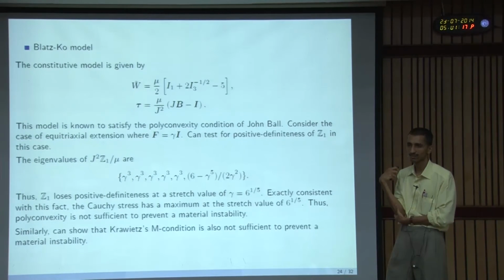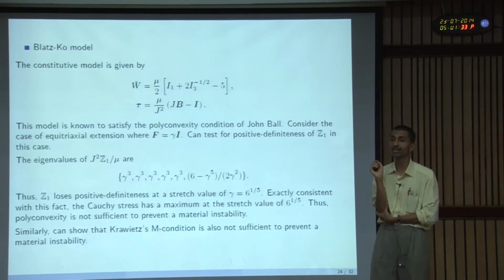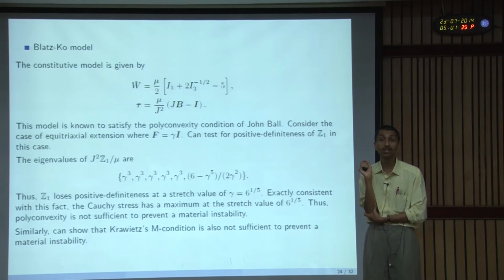What you are saying, I am not able to digest, because according to established results, established proofs, if a material is polyconvex, then... No, it is just a mathematical condition used to prove existence. But I'm not talking about existence, I'm talking about stability here.